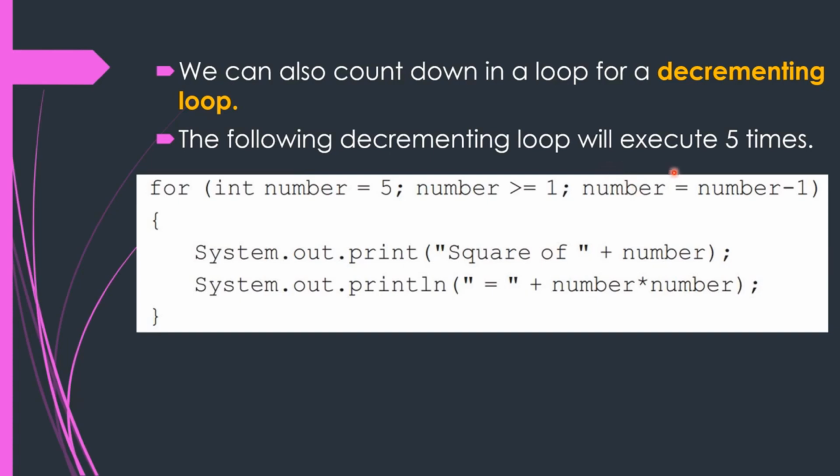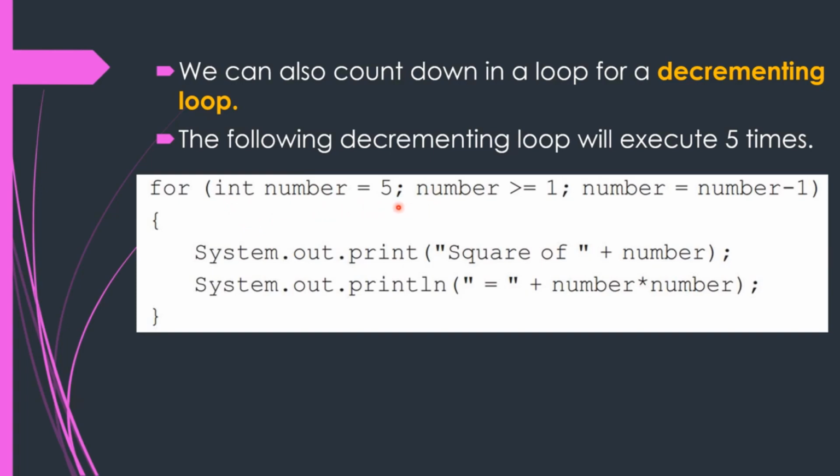So this is what will happen after the execution, and these are the initialization values and this is the test condition. So here basically we have initialized the number and then we have provided the test condition.